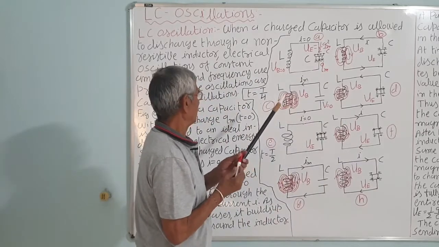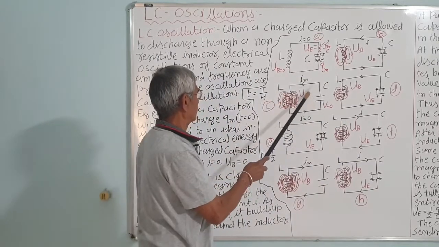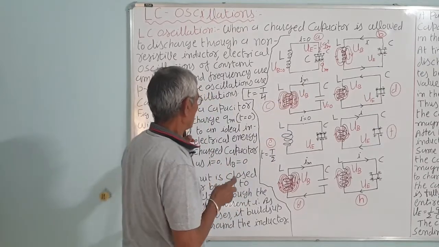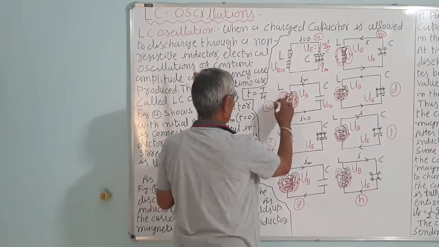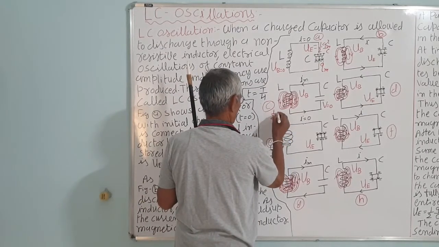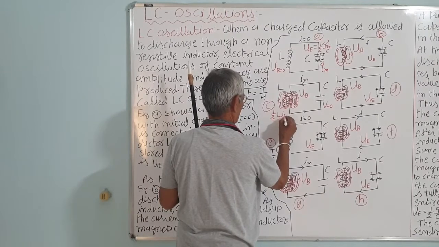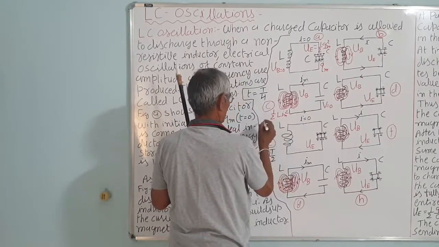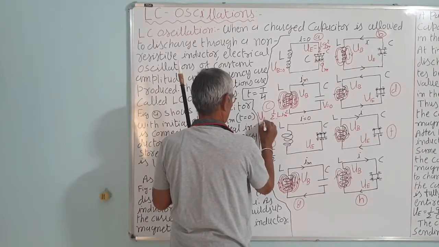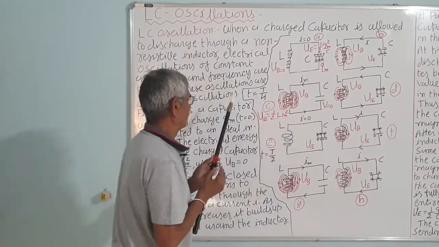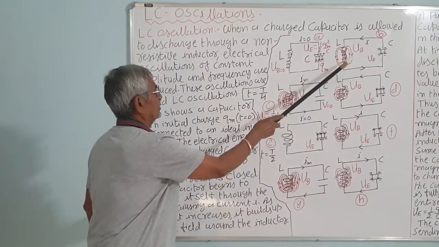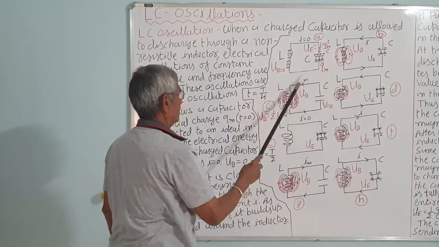It is discharged totally, and all of the electrical energy of the capacitor is stored as magnetic field energy, that is called half L Im maximum square by 2. That is UB. We call it UB. This is magnetic energy, and current flows here in the same direction, correct.